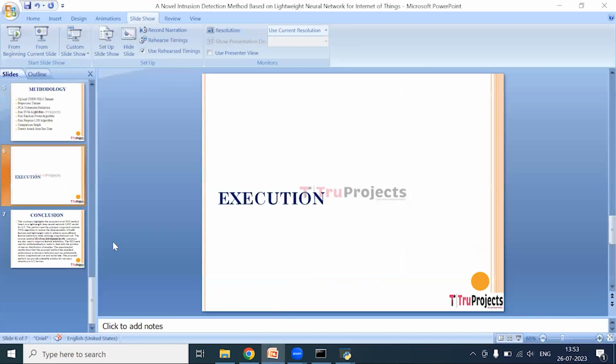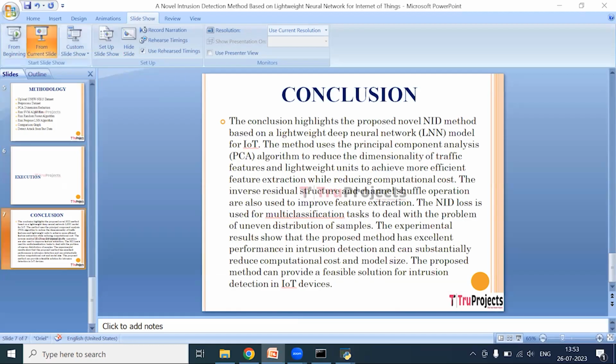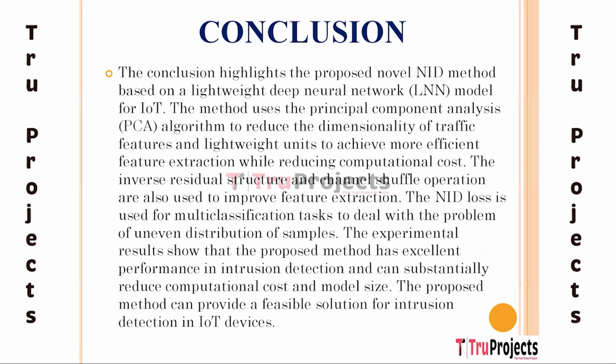And the final conclusion of the project emphasizes the proposed unique NID approach for IoT based on a lightweight deep neural network model. To achieve more efficient feature extraction while minimizing computing cost, the method employs the principal component analysis algorithm to minimize the dimensionality of traffic data, and lightweight units.